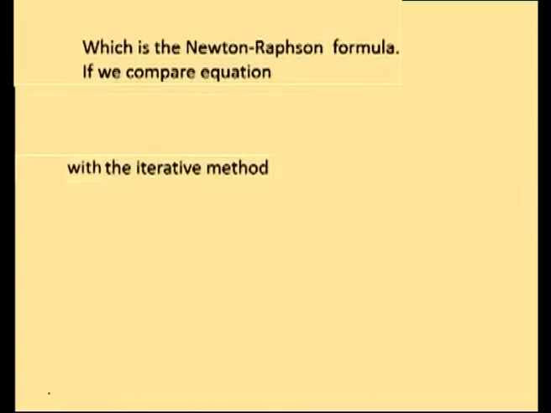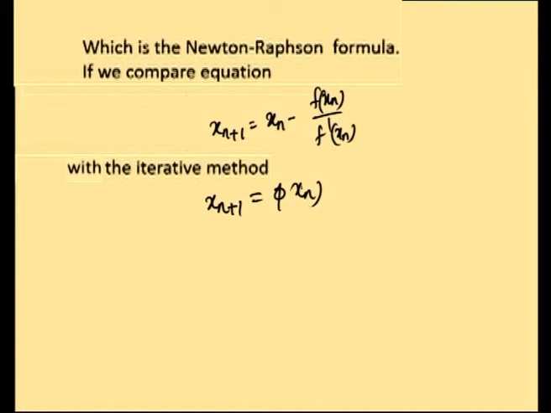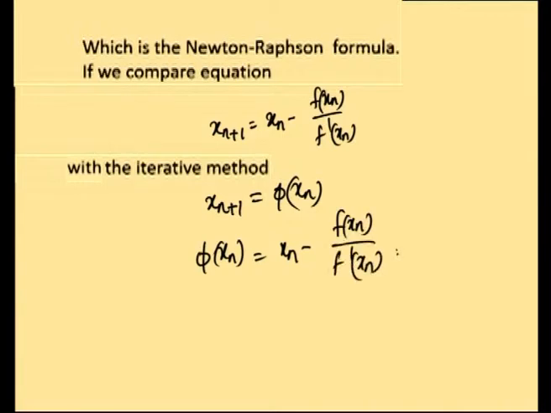If we compare this equation, xn+1 = xn - f(xn)/f'(xn), with the iterative formula, where your iterative formula says that xn+1 = pi(xn), so pi(xn) = xn - f(xn)/f'(xn).